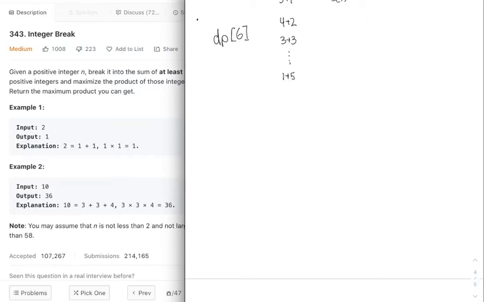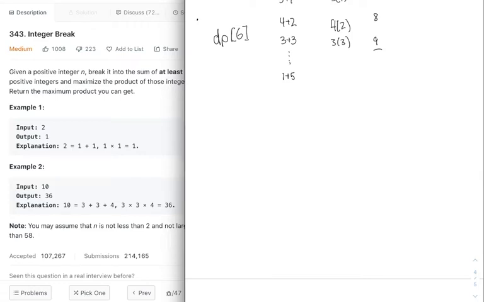And we can then calculate the product of 6. The largest integer break would be 9. That is one case of it, and that is the dp of 6, which is 9.